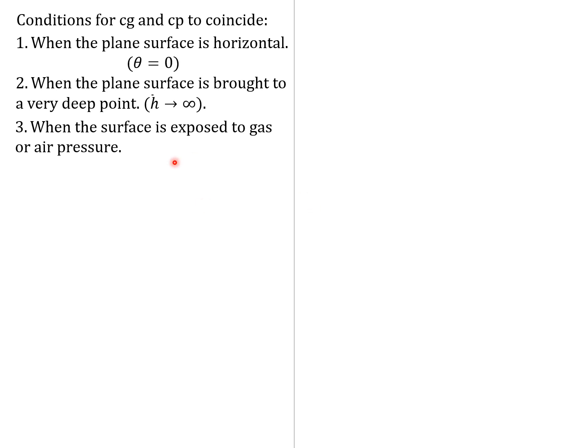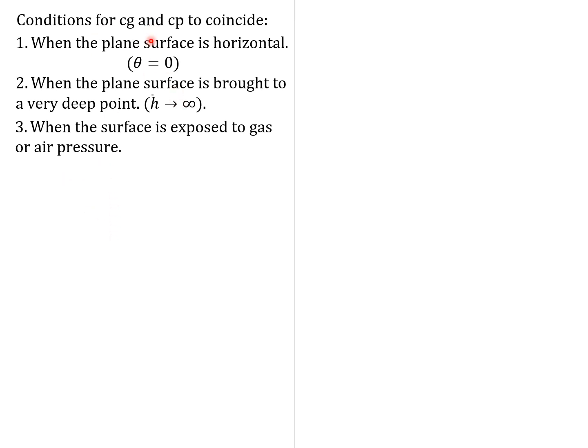Now, in most cases, CG is always above CP, for when there is a value of theta. But there are situations, especially theoretical ones, where CP will be above CG, and that is when the surface of the liquid is subjected to a very high negative pressure compared to the depth.